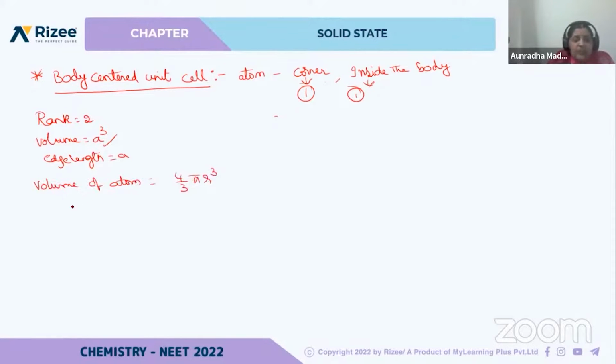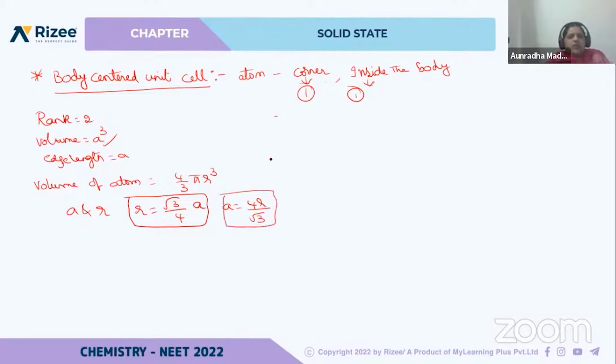The relation between A and R in case of body centered unit cell is R equal to √3/4 A, or else we can write it as A equal to 4R/√3. Both are equal.